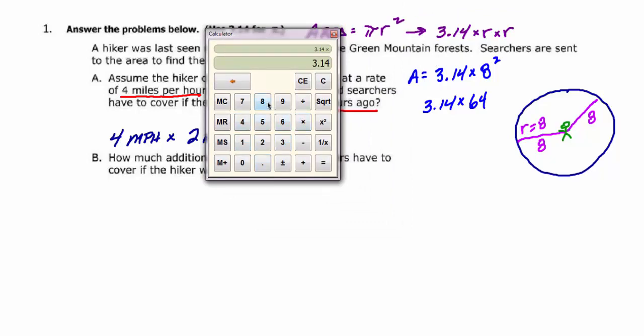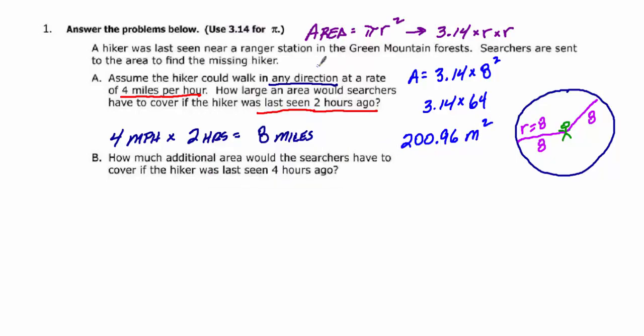I'm not checking, do I know how to multiply with a decimal? I'm checking, do I know how to solve a problem? And so I'm going to use a calculator, and it tells me that they are going to need to search 200.96 square miles. It's a pretty good size space, 200.96 square miles.